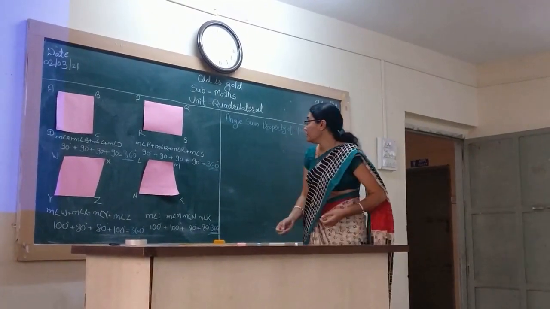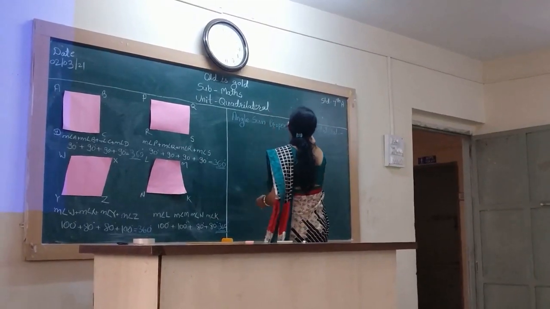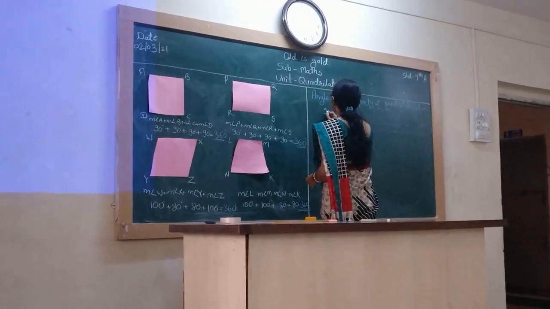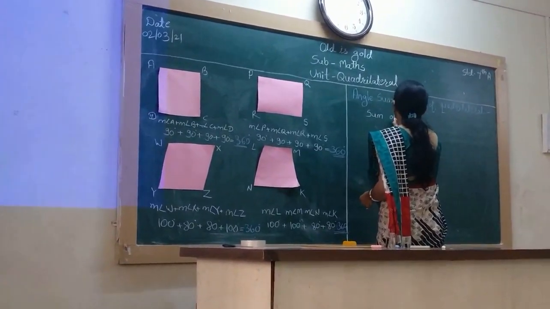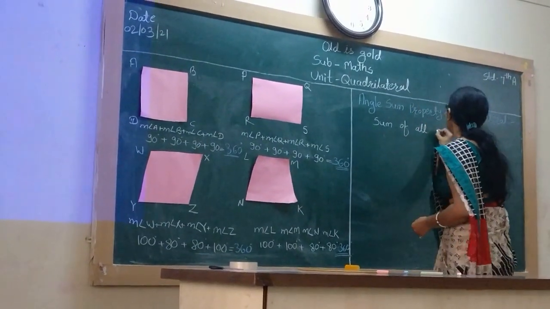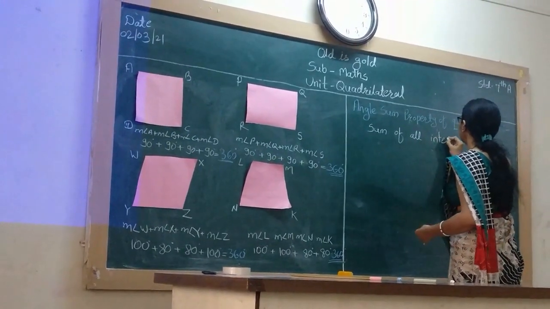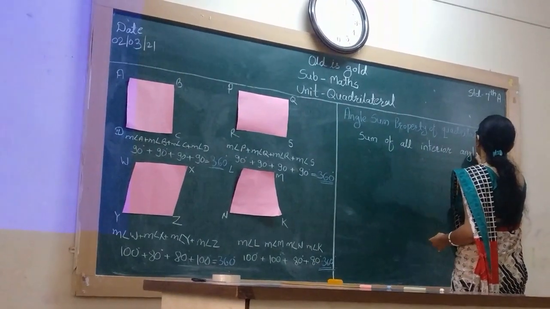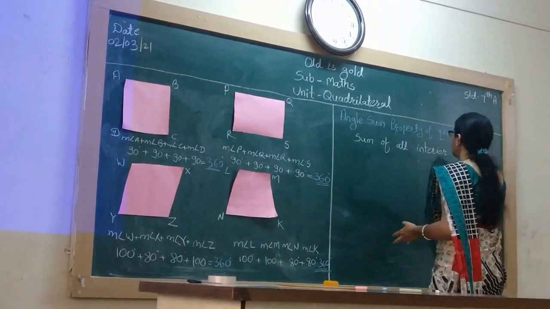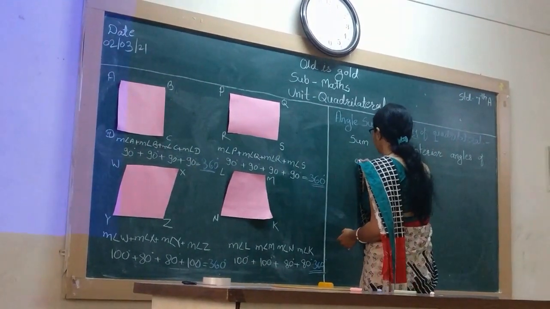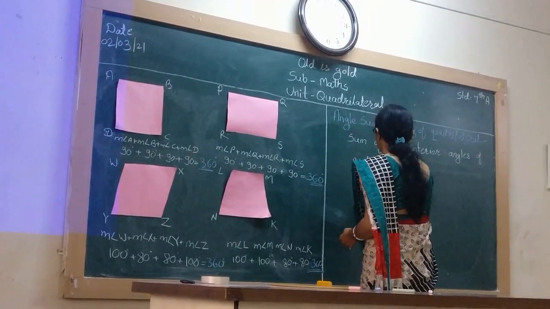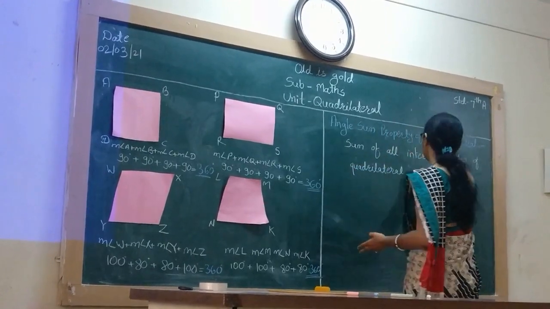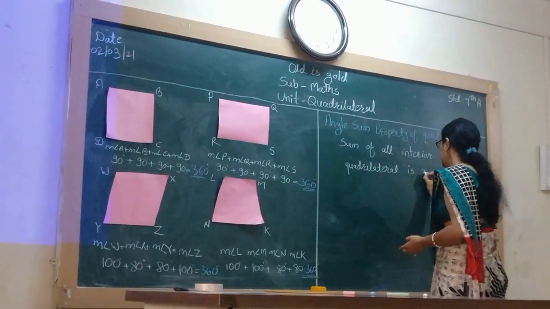So write down the rule of angle sum property. Sum of all interior angles of quadrilateral is 360 degrees.